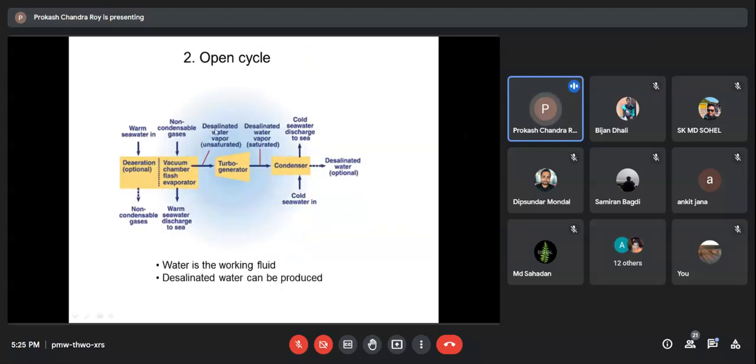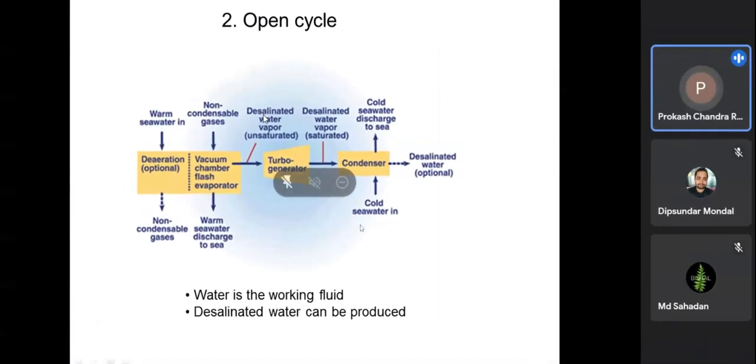But this system will be the open cycle. In the open cycle, it works in a single pass. You have the hot, warm water, and then there will be a flash chamber. The function of the flash chamber is to generate some vapor by reducing the pressure, generating some steam.